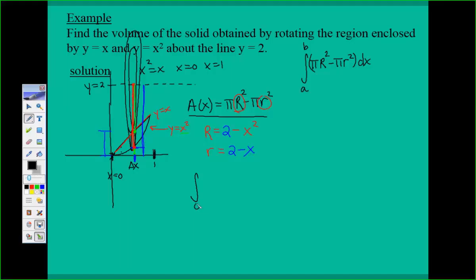Using our formula, we have the integral from 0 to 1 of pi times (2 minus x squared) squared, minus pi times (2 minus x) squared. And there is how we set up this integral.